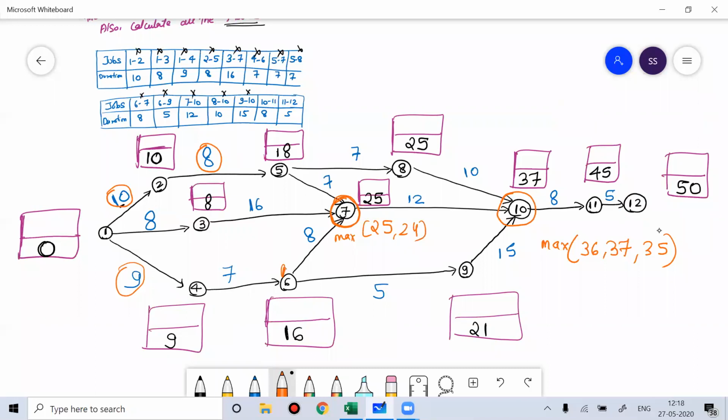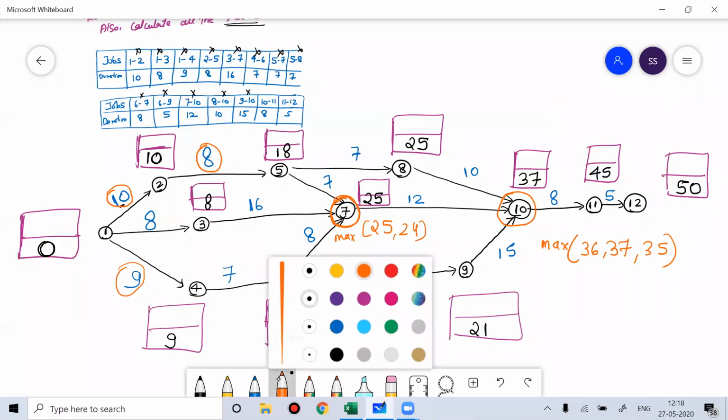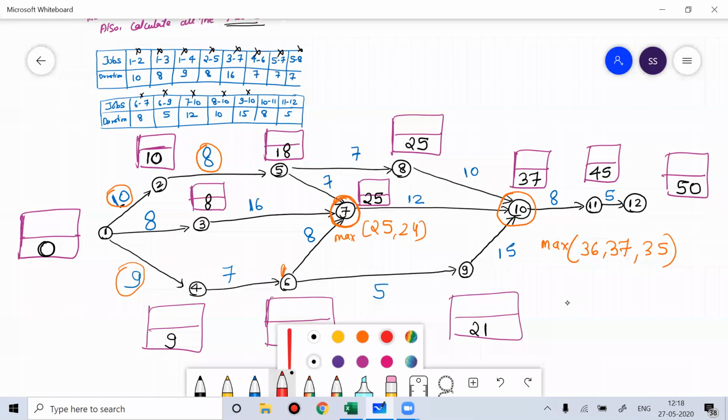By going back, I'll try to fill the data here. So this would be the 50.